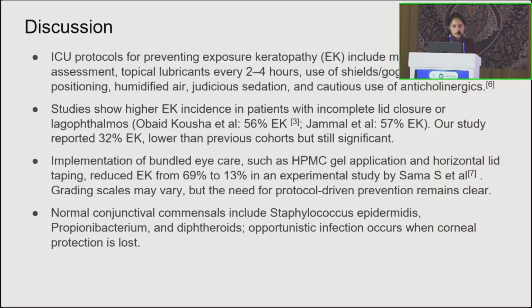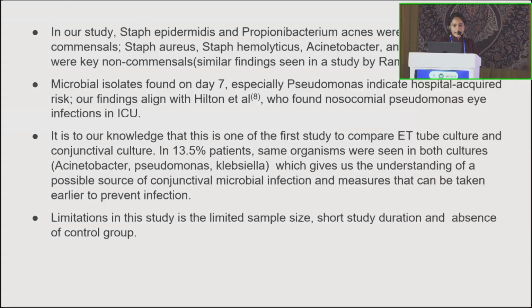The normal commensals are Staph epidermidis, Propionibacterium, diphtheroids. Opportunistic infection occurs when corneal protection is lost. This is one of the first studies to compare ET tube culture with the conjunctival culture, and in 13.5% of patients the same organisms were found in both cultures.